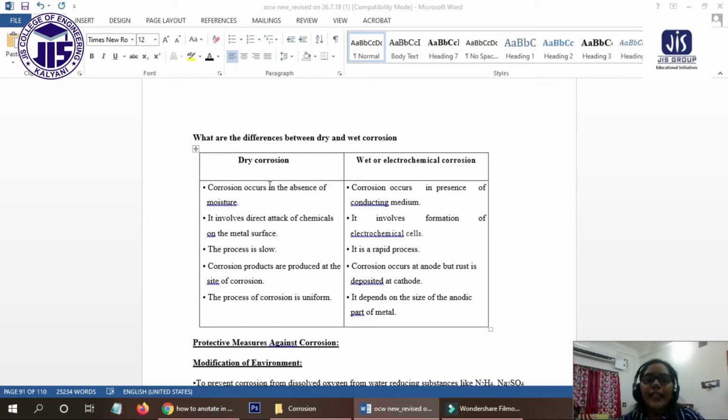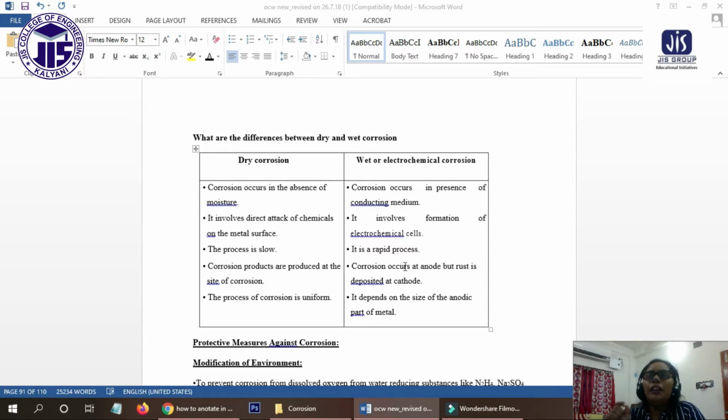Next, dry corrosion involves direct attack of chemicals on the metal surface, and wet corrosion involves the formation of electrochemical cells. That is why we use the term electrochemical corrosion. Why are we using this term?